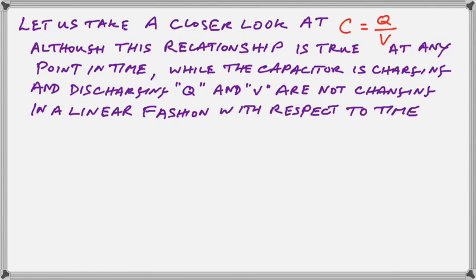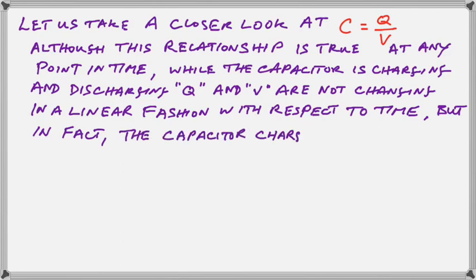The Q and V maintain a linear relationship with each other, but the two quantities, although they're changing together, are changing in a non-linear manner. In fact, it's an exponential function, which is another mathematical term. But basically what it says is that the rate of change, or the amount it's changing, is dependent on the quantity.